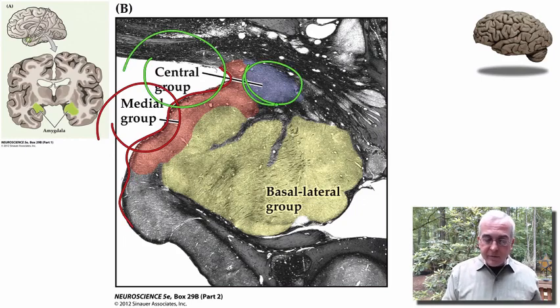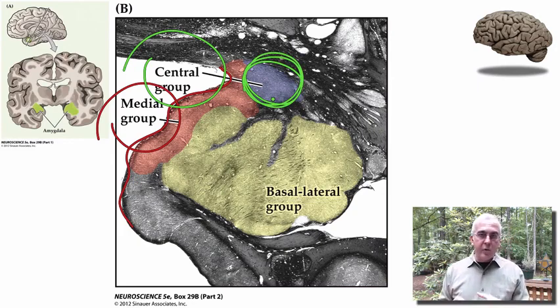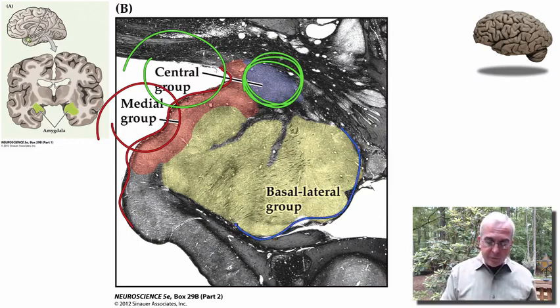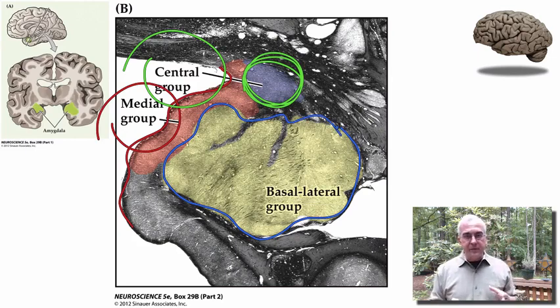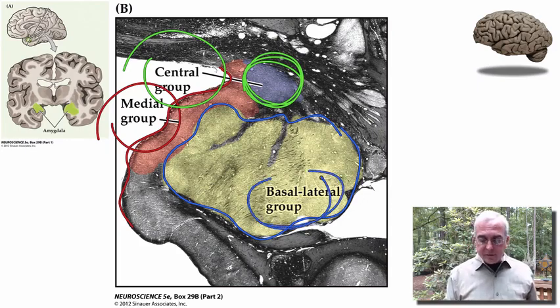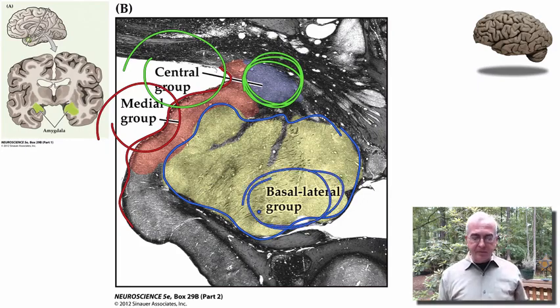The central group of nuclei is quite important in providing the output from the amygdala into the medial part of the hypothalamus. But by far the largest division of the amygdala in the human brain is this basolateral group of nuclei. We could further subdivide this, but for our purposes, we'll just consider this collectively as the basolateral amygdala.